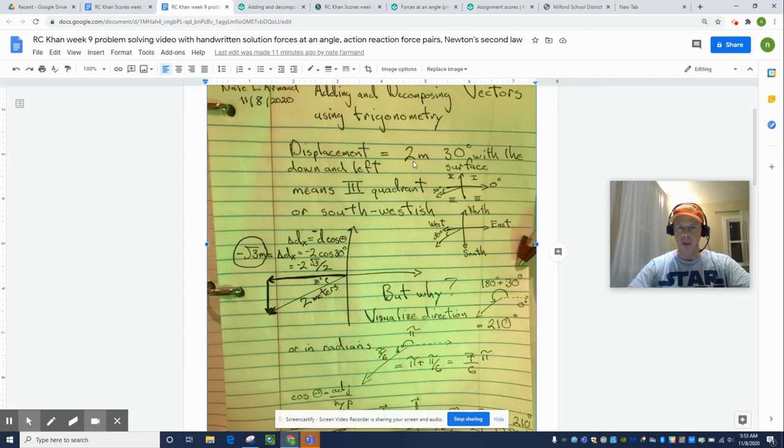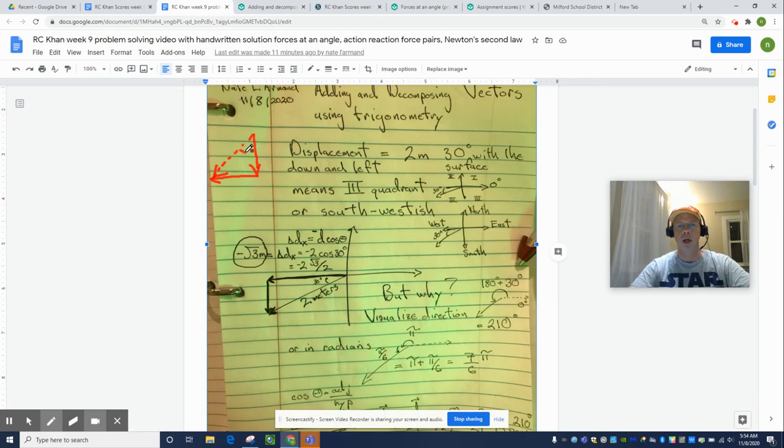The scuba diver is 2 meters from his or her original position, and they are 30 degrees below the surface. So down and to the left, you simply have to realize, takes you in this direction. There are a bunch of different ways to say this direction.